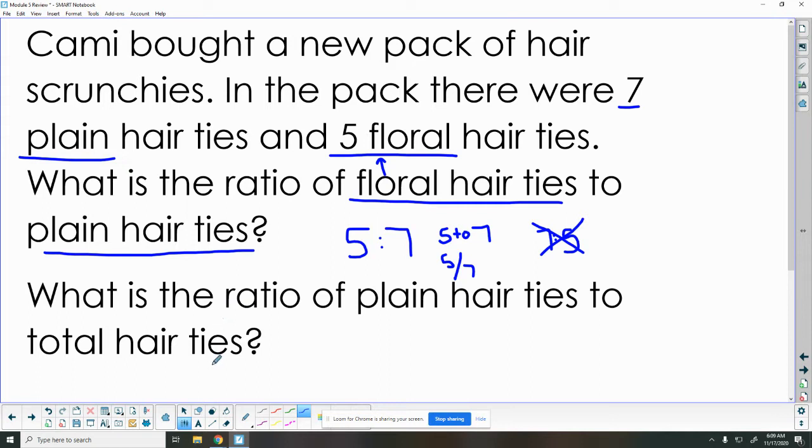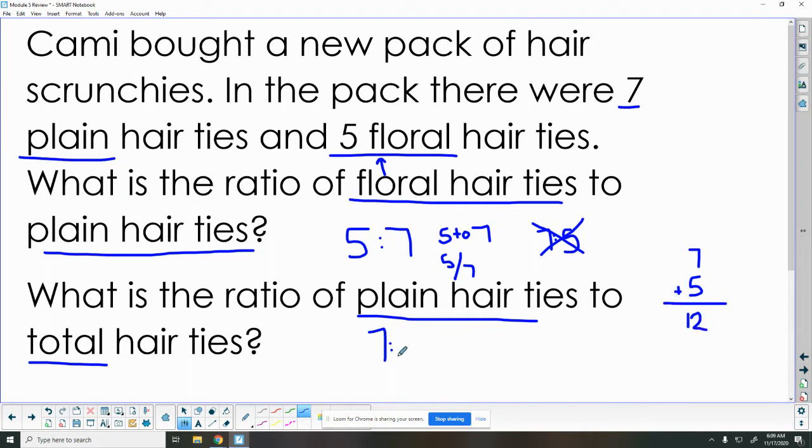So now the next part asks the ratio of plain hair ties to the total hair ties in the package. So pause the video and see if you can answer that question. So plain is 7, and then it wants total. So I know I have 7 plain ones and 5 floral ones together.